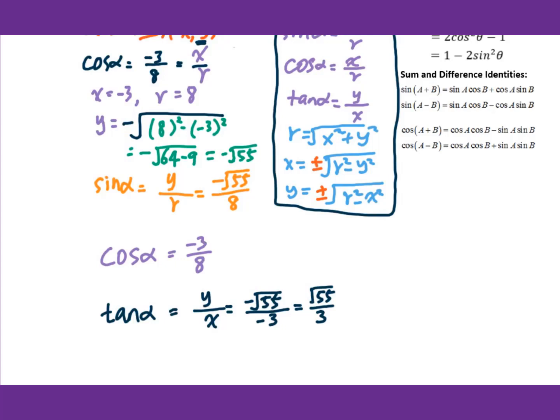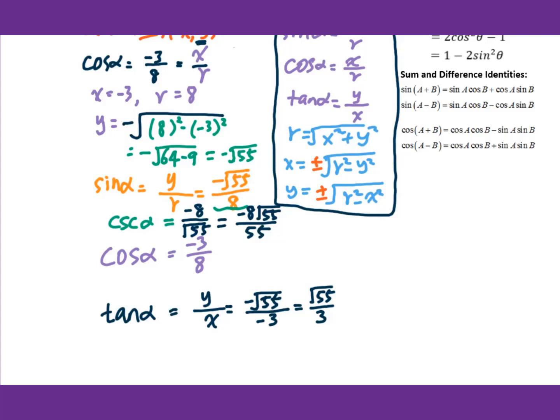Then we can work on the remaining trig functions. The reciprocal of sine alpha, cosecant alpha, equals, flip this number, negative 8 over square root of 55. Simplify, that is negative 8 square root of 55 over 55.